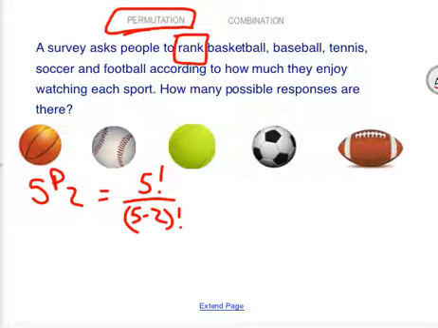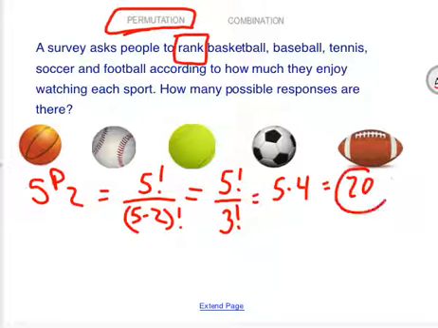So that's it. You're done. You don't have to do that 2 again. So this is going to be 5 factorial over 3 factorial. So then it's 5 times 4, which is 20. Remember, this is 3 factorial. 5 times 4, 3 factorial. Those are canceling out every time. So that permutation is 20.